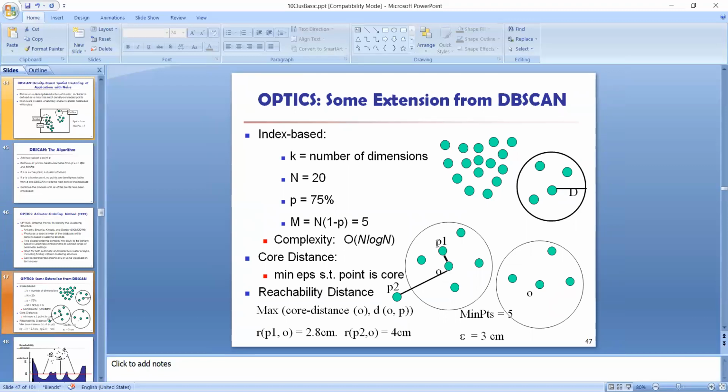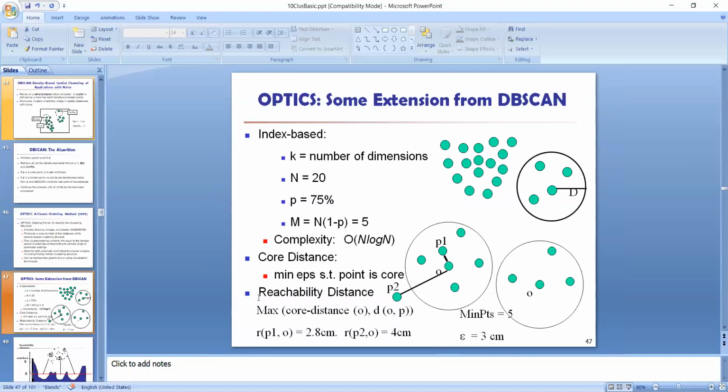Then we increment the distance, take another circle, and check again. No. Again we increase the circle until we get the minimum number of points. That distance is known as the core distance. That is the minimum epsilon distance so that a point becomes a core point. So we are not giving epsilon as an input. Instead, with the concept of minimum number of points, we keep checking and finding the minimum epsilon value required for a point to become a core point. That is known as core distance.